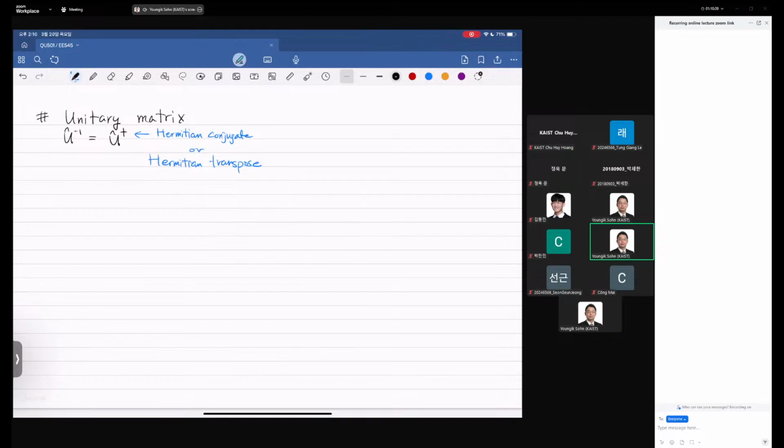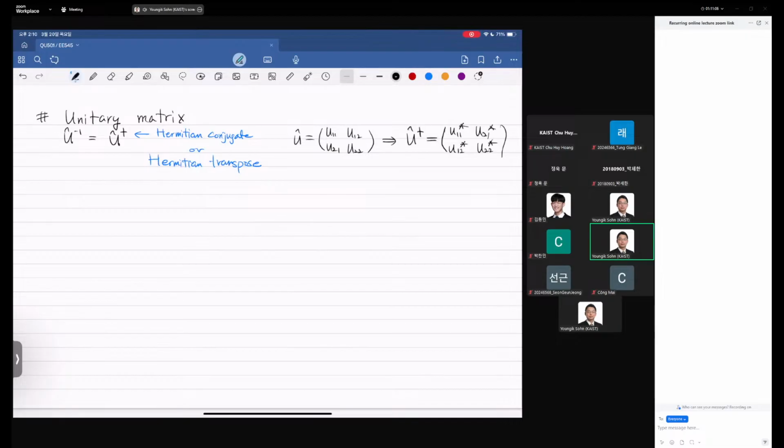So let's say we have two dimensions, because it's simple. Let's work with this. The complex Hermitian transpose is what? You transpose, you can see I changed the index, right? 1, 2 to 2, 1, and 2, 1 to 1, 2, and take the complex conjugate of each element.